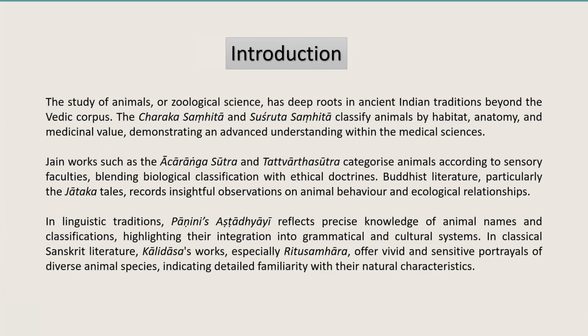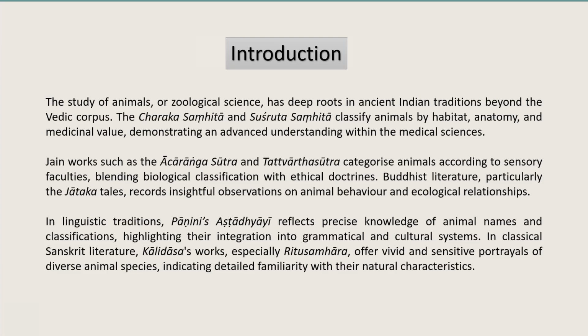The study of animals, or zoological science, has deep roots in ancient Indian traditions beyond the Vedic corpus. The Charak Samhita and Susrut Samhita classify animals by habitat, anatomy and medicinal value, demonstrating an advanced understanding within the medical sciences.